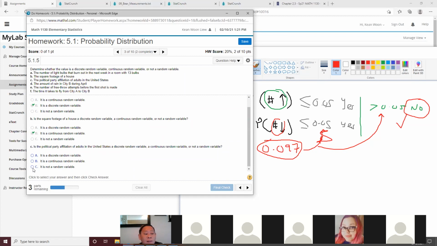This is not a random variable. I want to point out that if your answer is not numerical, not 0, 1, 2, 3, 4, and not a decimal like 2.5, but rather you belong to Democrat or Republican, these are categorical variables, like yes/no answers or gender. If you don't have numerical values to represent it, then it is not a random variable. You guys with me?